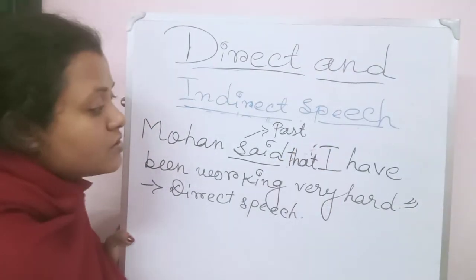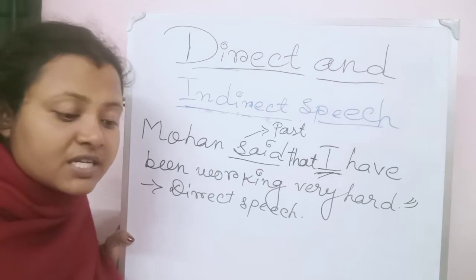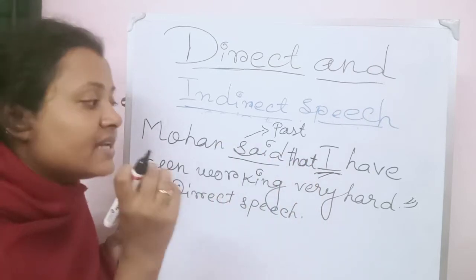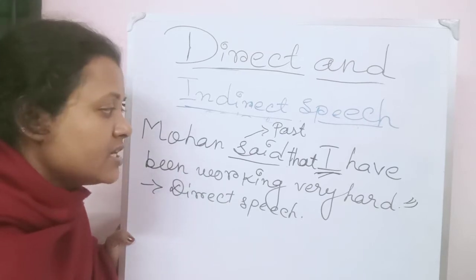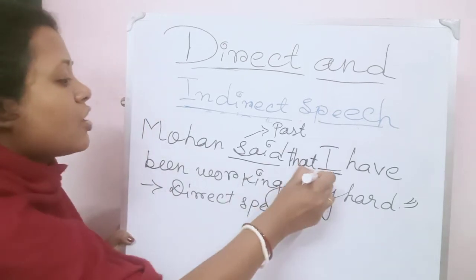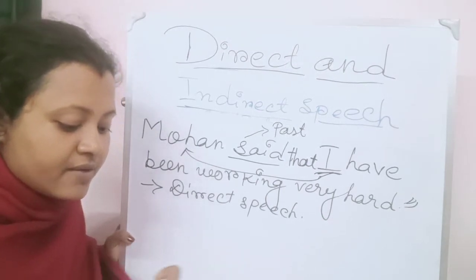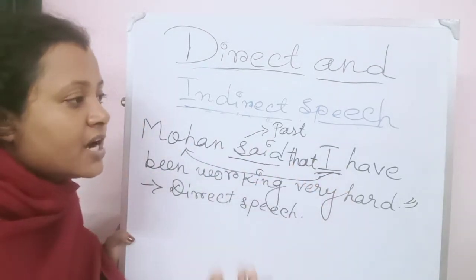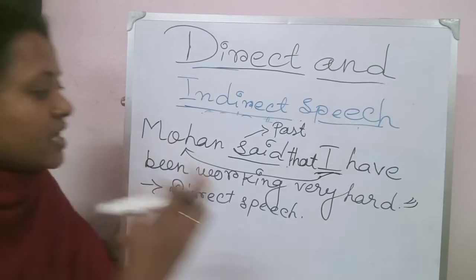Who is I over here? The pronoun is I, first person. Whenever the pronoun is in first person, like I, me, we, us, our, you have to change these pronouns according to the speaker.